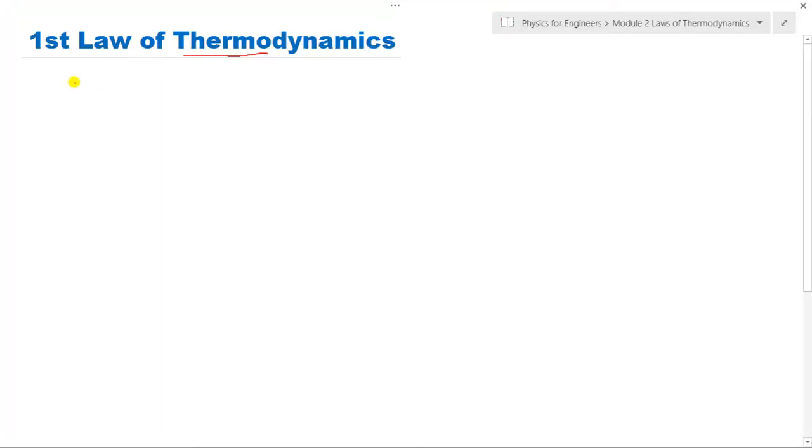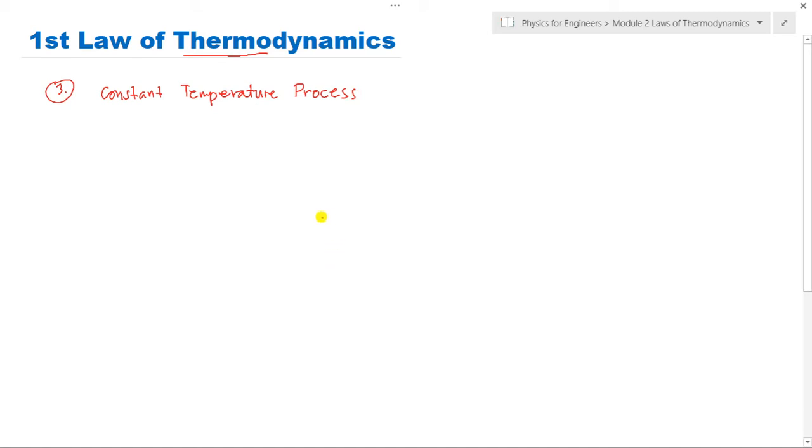So we have here the third one, the constant temperature process. Actually, we use the constant temperature process especially in deriving the Carnot cycle.